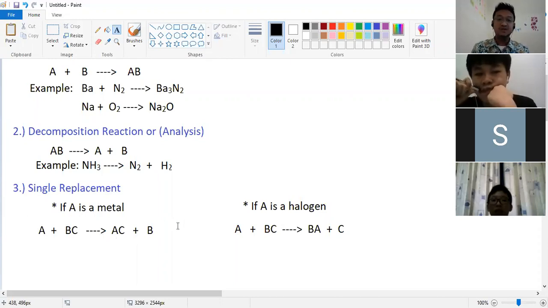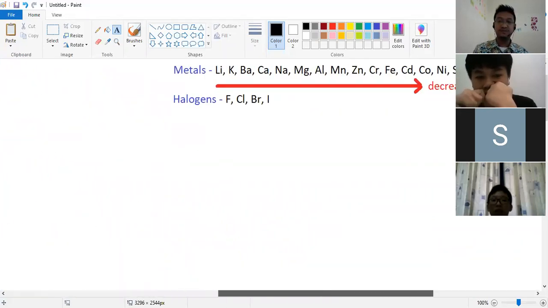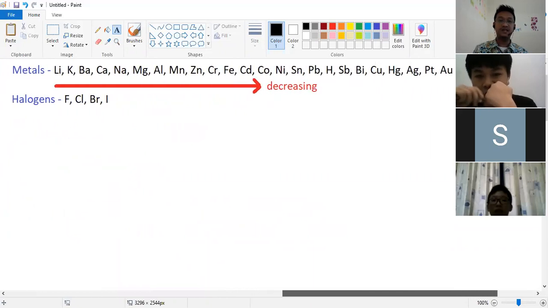Now when we are dealing with single replacement, we don't just follow this pattern at once. Before you do a single replacement reaction, you should first inspect the metal or the halogen in the list of the activity series for metals and halogens. So let me introduce to you the activity series for metals and halogens.